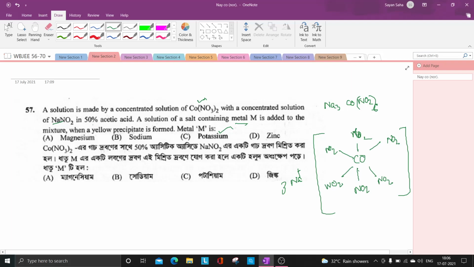This is the test of cobalt nitrite by using a potassium salt, and this metal M is potassium. If you add some salt of potassium in this, it will give you a yellow precipitate. So this answer is C, potassium.